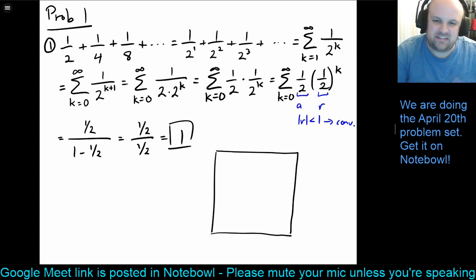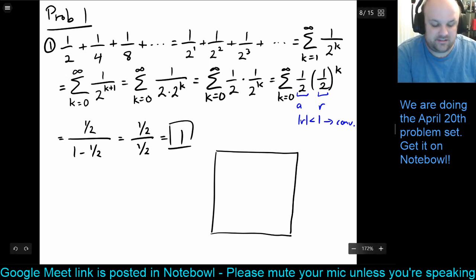So it can be a rectangle. It actually doesn't matter what the dimensions are. As long as you think of this thing as one unit of area. So it's like one table's worth of area, whatever you want to do that as.